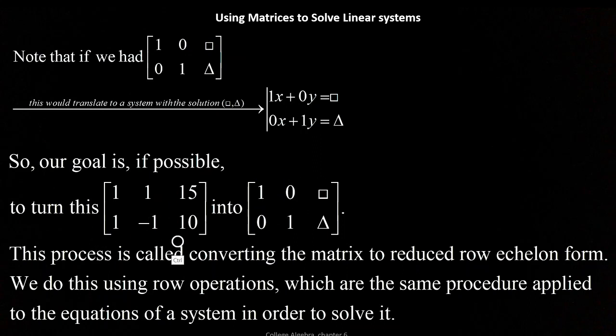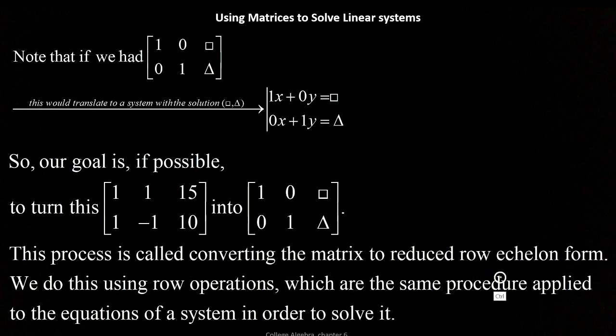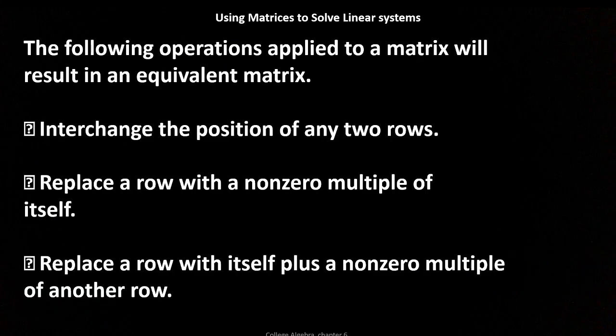This process is called converting the matrix to reduced row echelon form. We do this using row operations, which are the same procedure applied to the equations of a system in order to solve it.